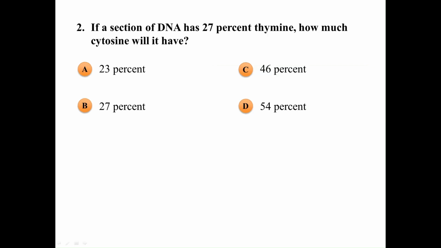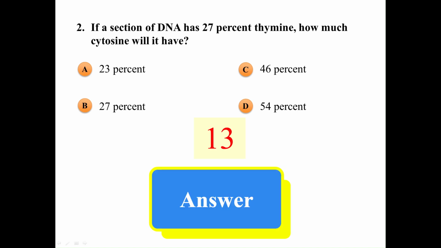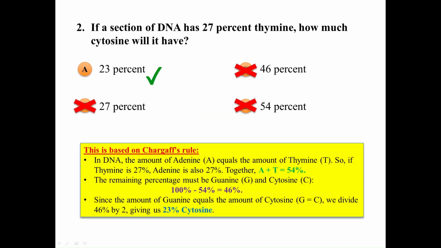A section of DNA has 27% thymine. How much cytosine will it have? The correct answer is A, 23%, because we used Chargaff's rule, in which the amount of adenine equals the amount of thymine.